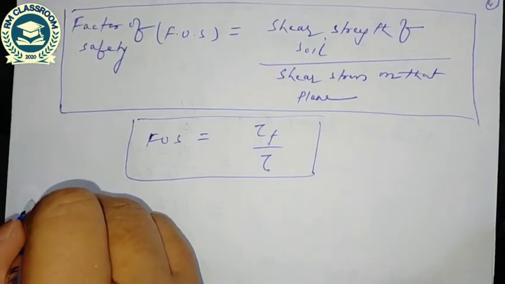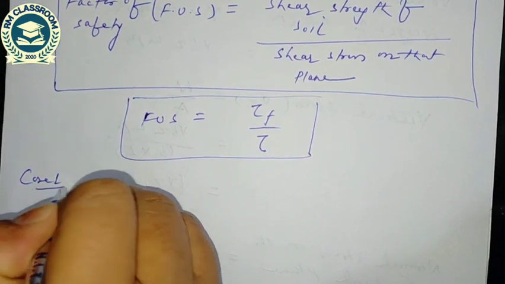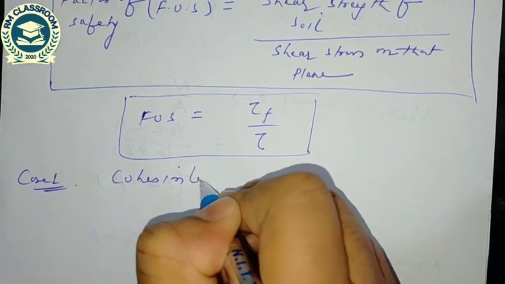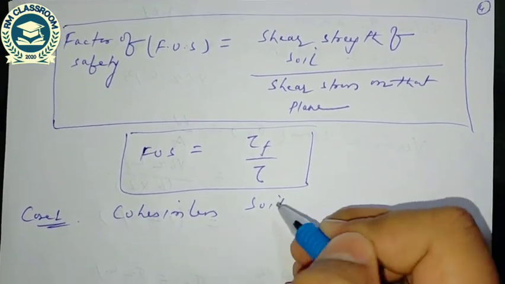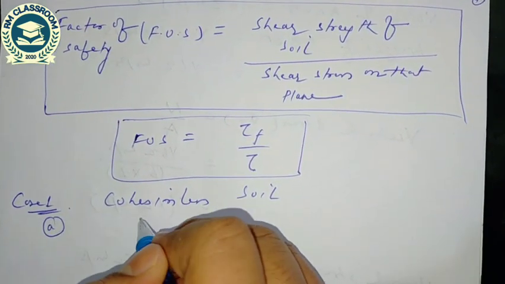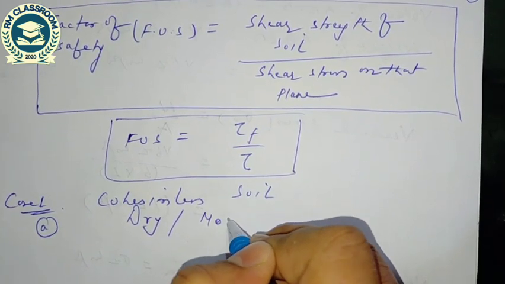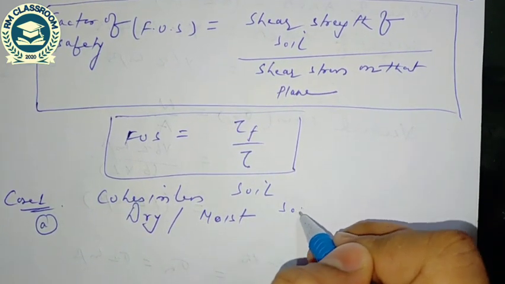So let us take first case first, cohesionless soil, and part first is dry or moist slope.